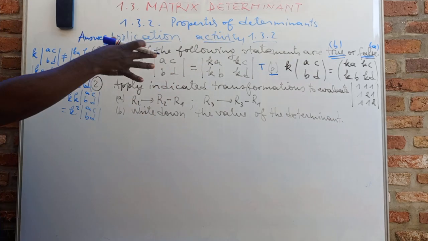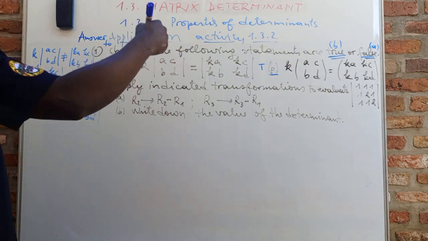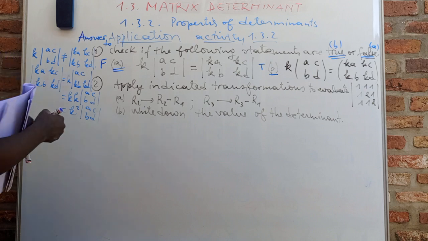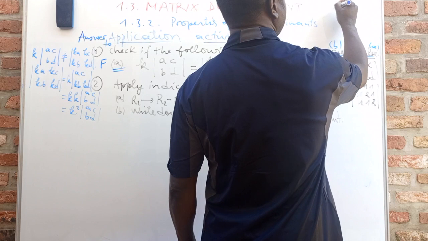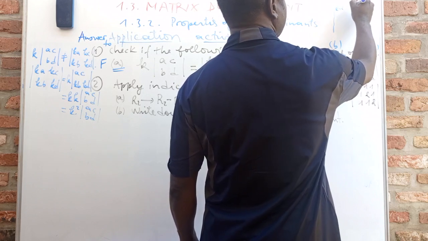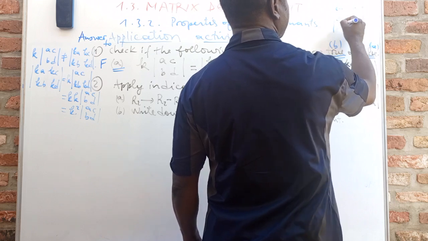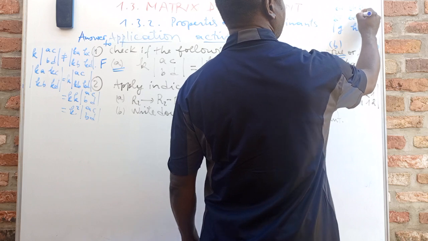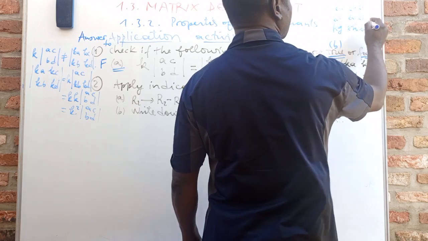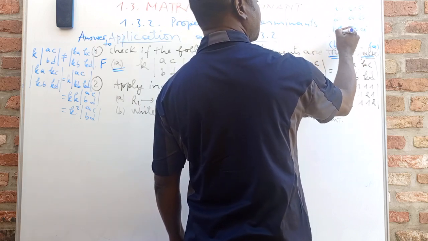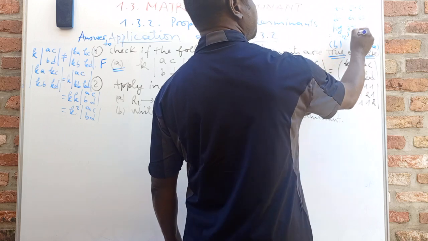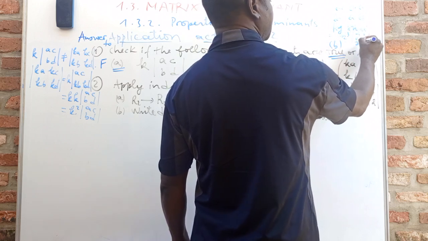In the 3 by 3 case, with k times a, b, c, d, e, f, g, h, i, for the first row we factor out k, for the second row we factor out k twice, for the third row we get k to the power 3 times the same determinant of a, b, c, d, e, f, g, h, i.